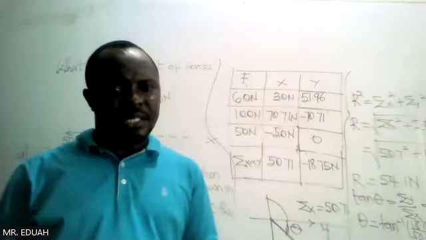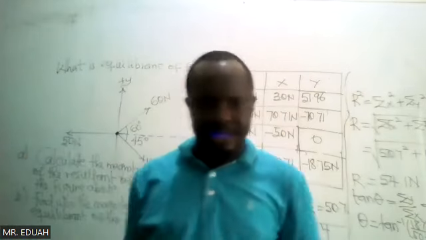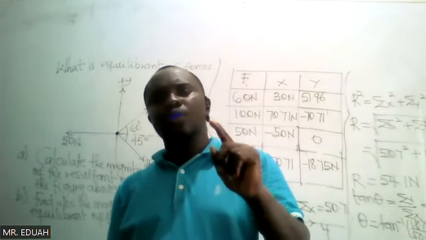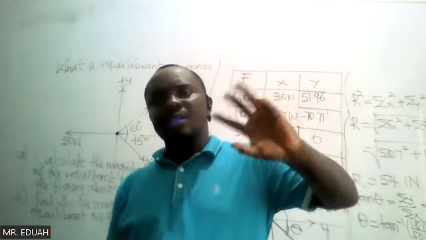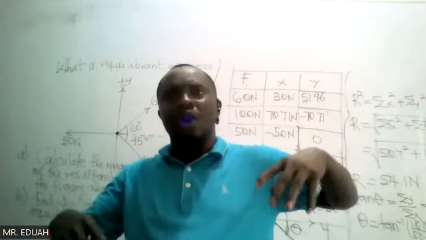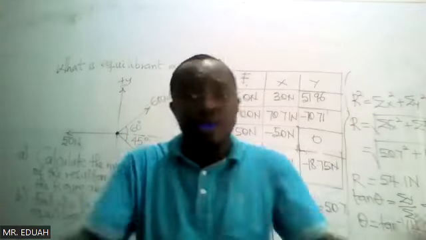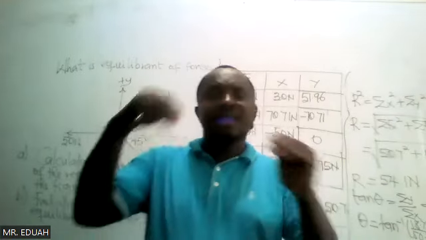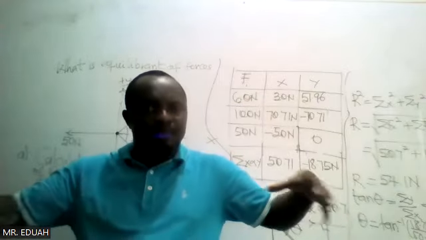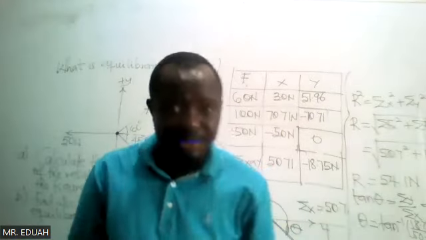So the resultant force is that singular force that can produce an effect equivalent to the combined effect of this number of forces. Now an equilibrium comes in. The equilibrium is that single force which would cause the total forces acting at a point or in a system to be zero. So the equilibrium comes to set the system into equilibrium.